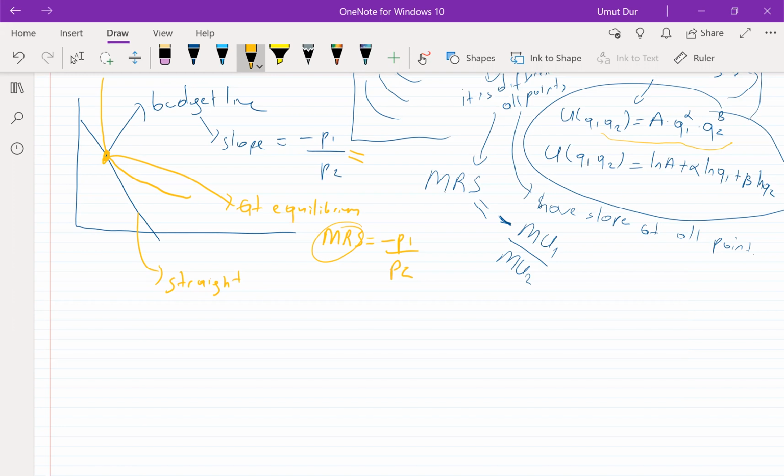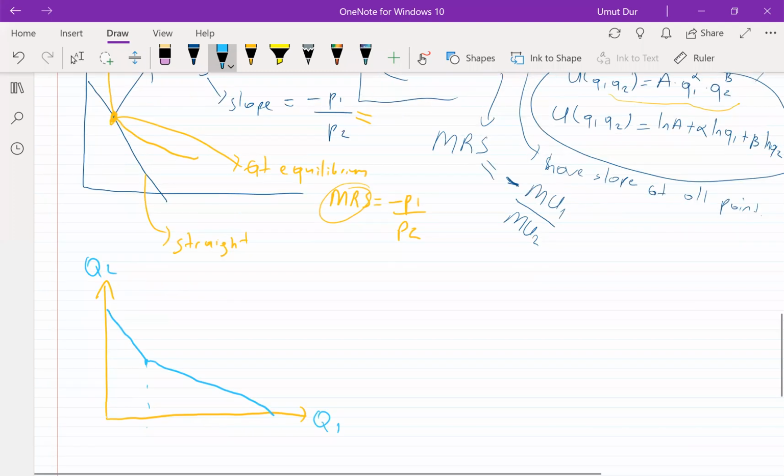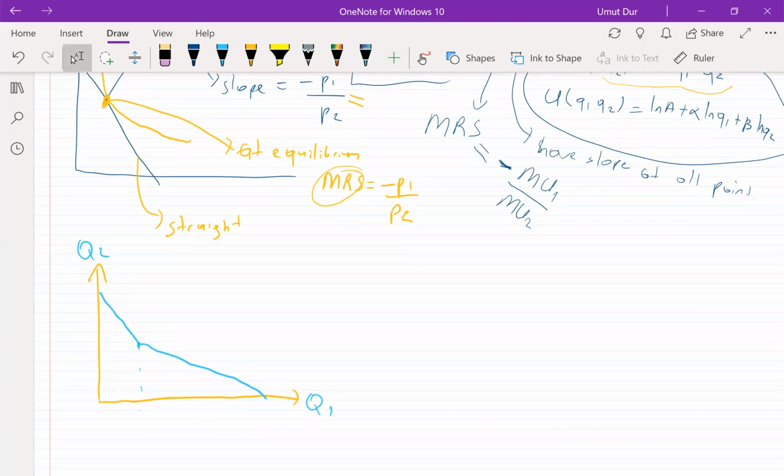In fact, we may have budget lines where we have a price change, so there is a kink here. This is Q1, this is Q2. This kink follows from the following: let's say this is 5.